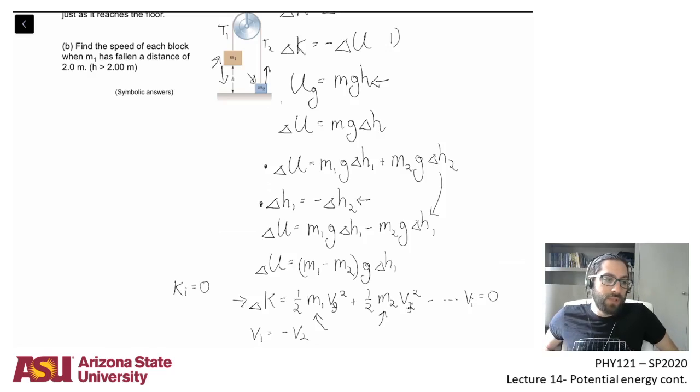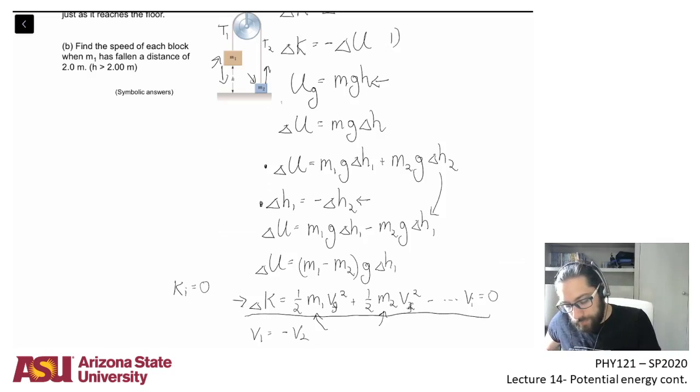This is a relatively straightforward problem, in part because the change in potential energy is equal to the final kinetic energy, because the initial kinetic energy is 0. So when everything starts at rest, you can write down the change in kinetic energy this way.